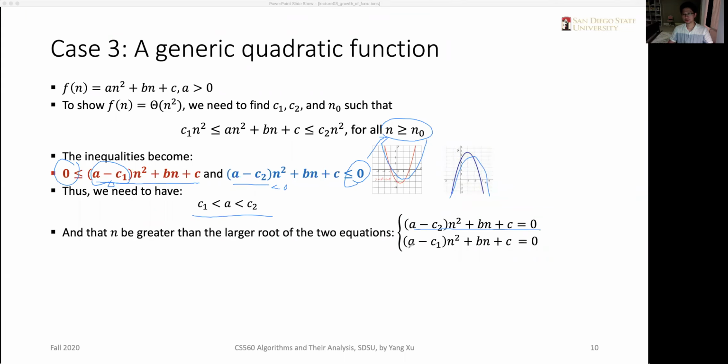By solving these two equations, we can basically find the zero points. The root means the values of n that make these functions' value to be 0, right? So they can be denoted by these zero points, like these 4 points here.